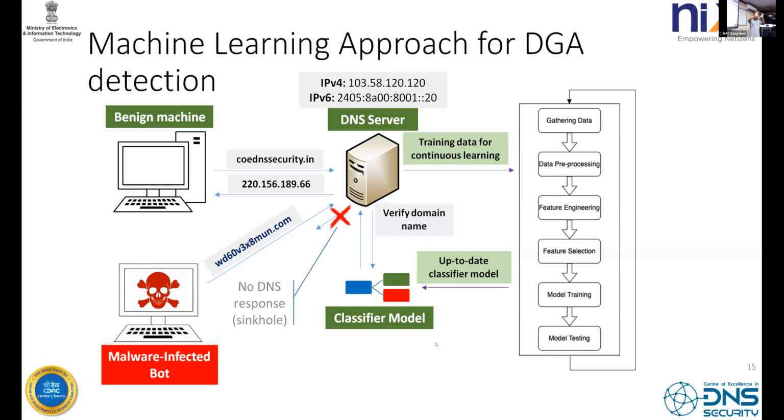But when the dimension is 20 or 30, then machine learning or deep learning can help us figure out whether a domain name is malicious or benign. For that, we'll train the model, and based on the model, we'll test the model. And after some time, we'll again check the validity of our model, like how the performance is degrading with time. Then again, we'll train the model and the things will go on.